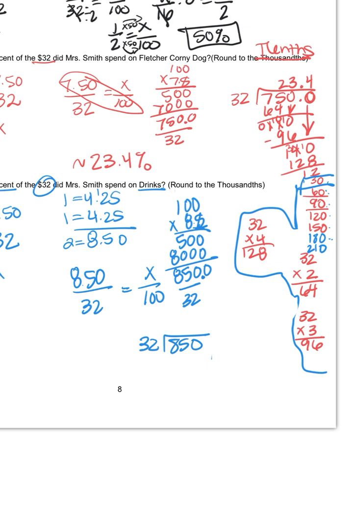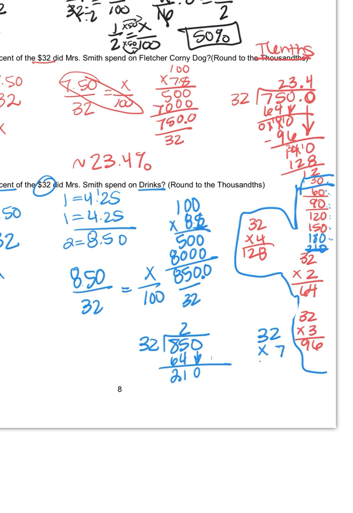32 times 2 is 64. 5 minus 4 is 1. 8 minus 6 is 2. And then we're going to bring down the 0. Oh, okay, because 210, that's times 30, but we've got to do 32 times, okay, I see what I did. So I got 1, 2, 3, 4, 5, 6, 7.